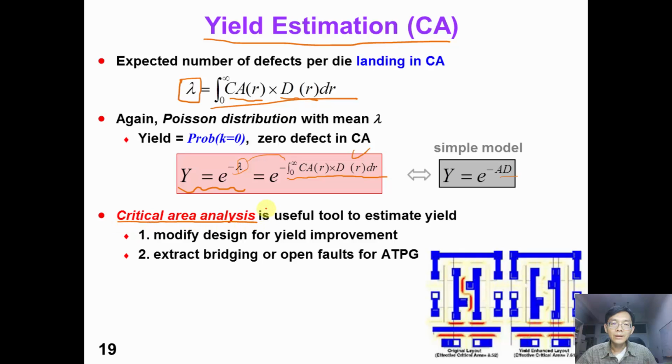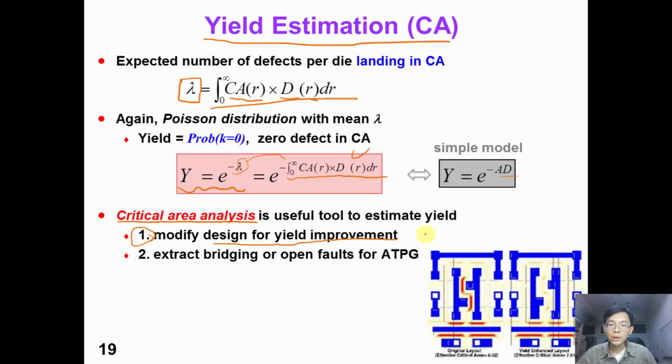Critical area analysis is a very useful tool to estimate the yield. It has two important functions. If we use critical area analysis, we can improve the design to improve the yield.